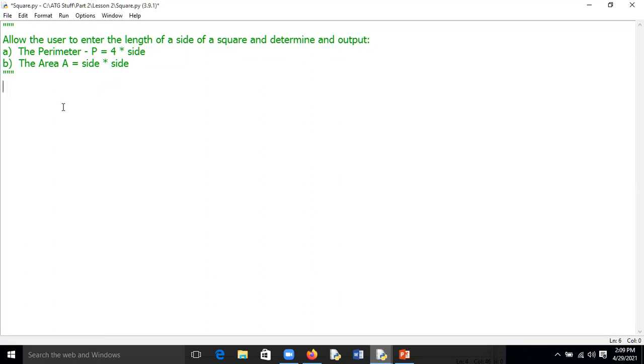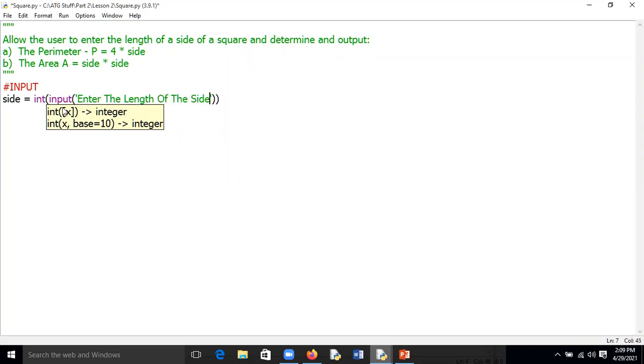So firstly, we have our input. From the question, allow the user to enter. When you see a phrase like that, it basically means input, and you're entering the length of a side, a single input. So we're going to go with side is assigned, that's my typecast, guys, and then I'm going to put my input statement in there, and a user-friendly statement: enter the length of the side of the square.